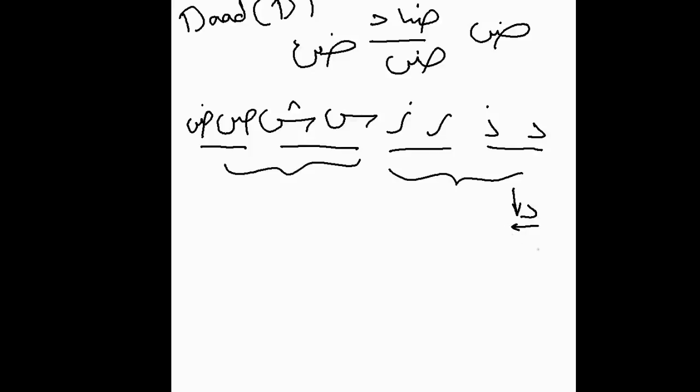So when it comes in the middle of the word, it becomes like this. This is the connection, and this is Dal, and this is the letter before it. And at the end of the word as well, it's Dal like this with the connection with the letter before it. Remember, Dal and Zal don't connect with the letter after them, only the letter before them.